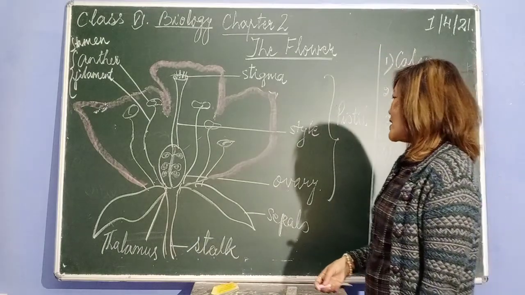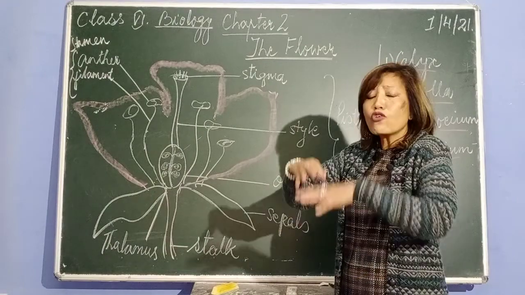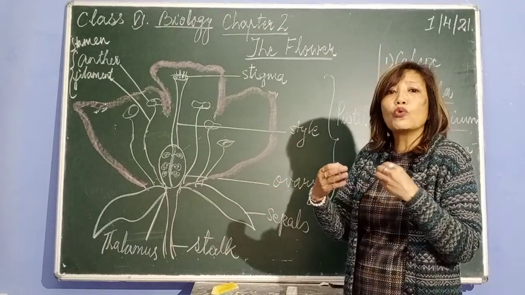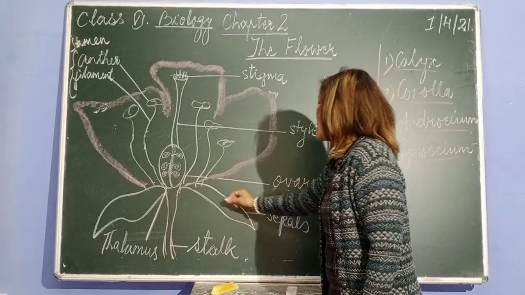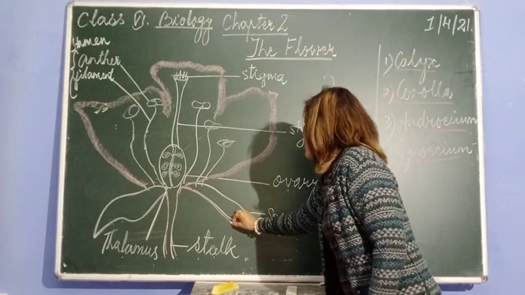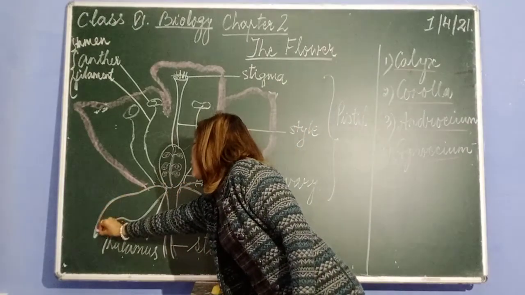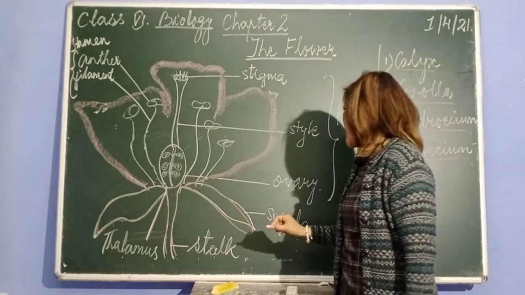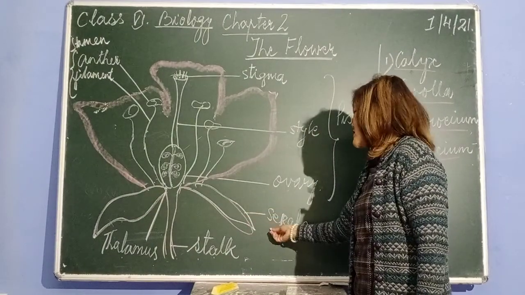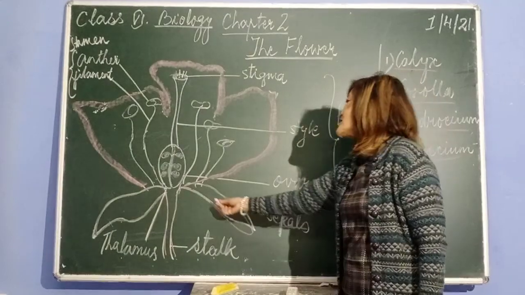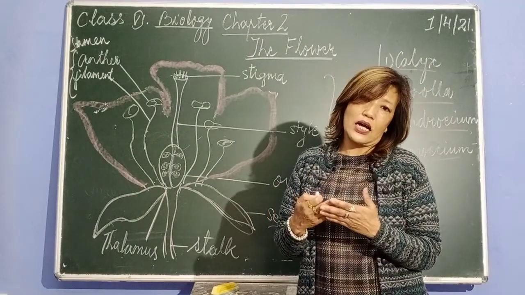Calyx is actually the outermost whorl of a flower. You can see it out here. This is the outermost whorl, and it is called calyx. It consists of sepals, and these sepals are green in color.